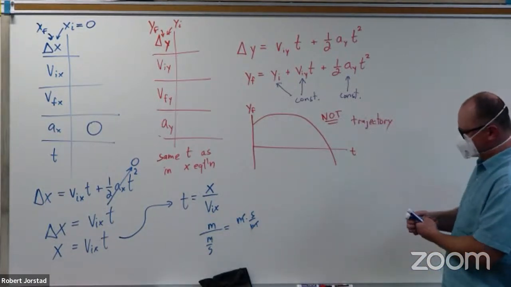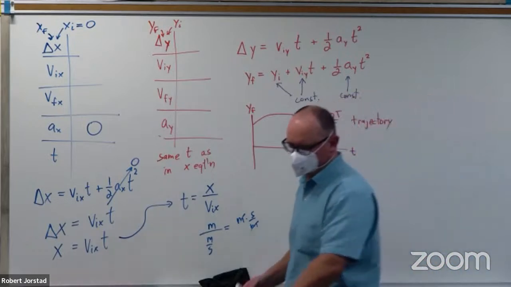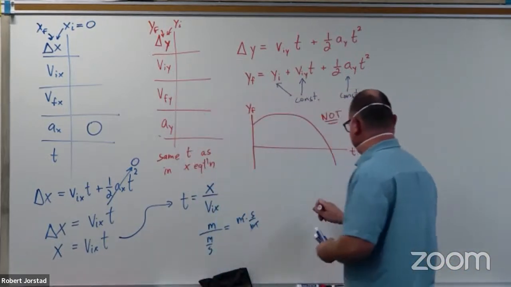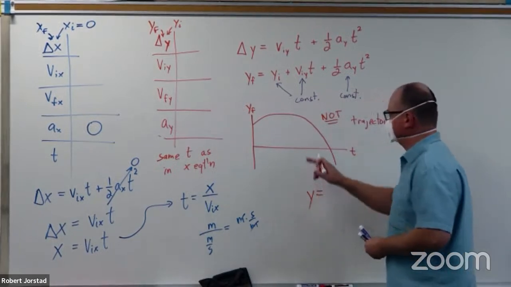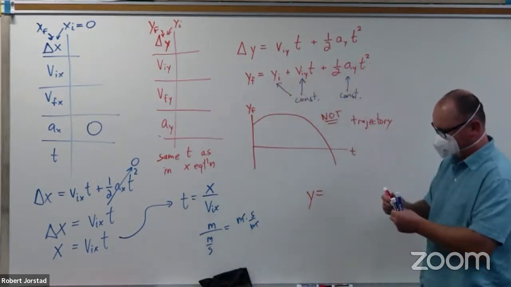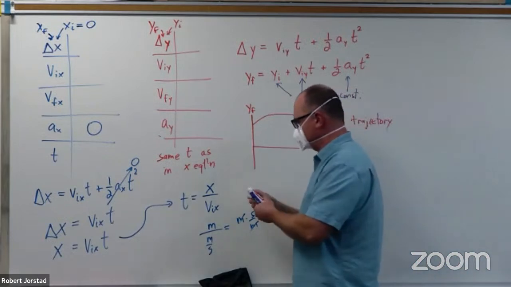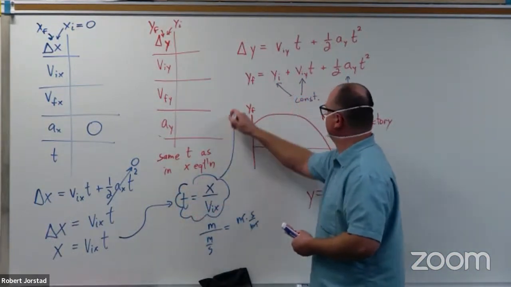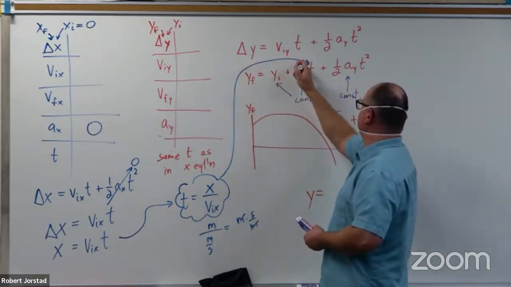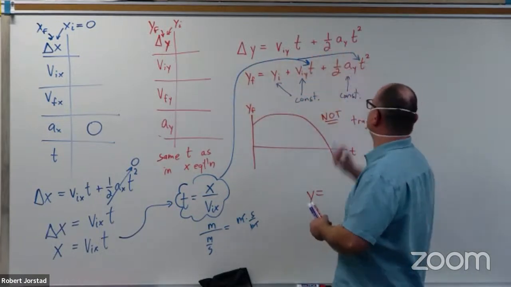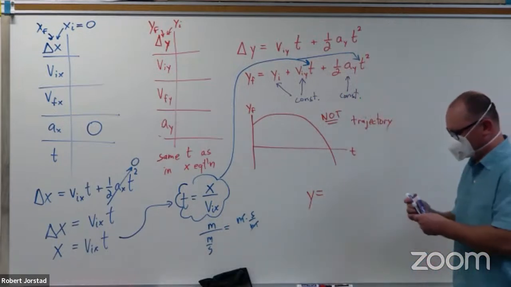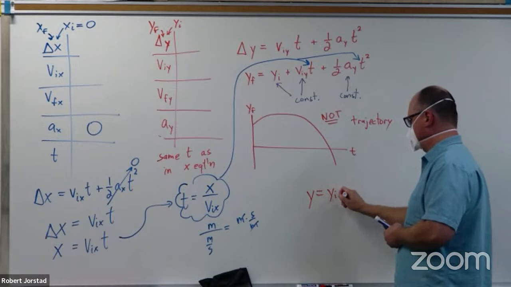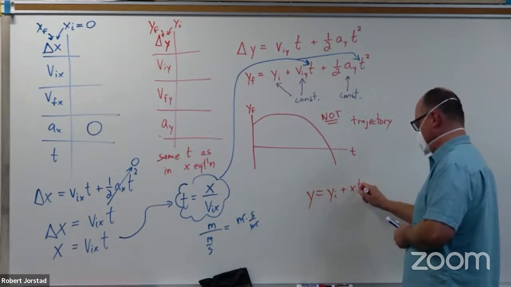Well, what I'm going to do is do some work for you and just look at this equation. It's in the book. We can rewrite this as y. So I'm just going to take this equation, plug in this right here for time. And I can plug in a couple of other parameters, and what we get is y is equal to y initial plus x tangent theta.